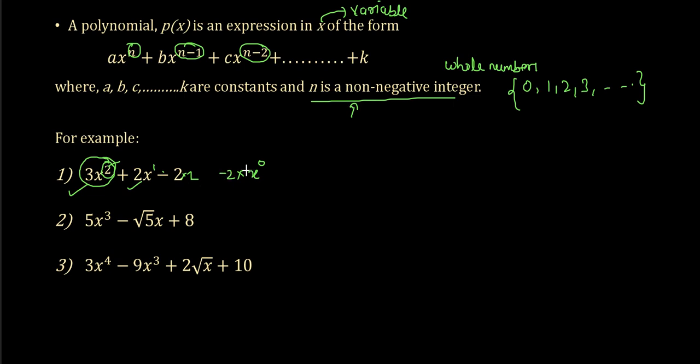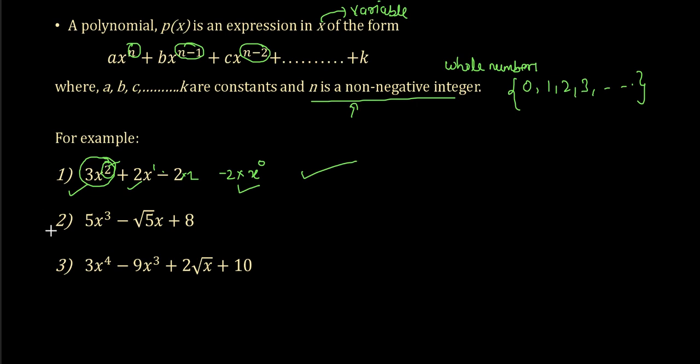So the power of the variable here is 0, which is a non-negative integer, so it also satisfies the condition. All three terms satisfy the condition, which means the given expression can be called a polynomial. And if any single term does not satisfy this exponent condition, then the expression is not a polynomial.